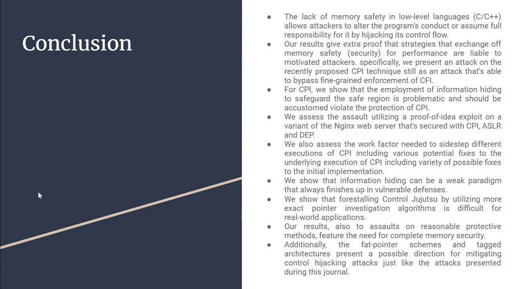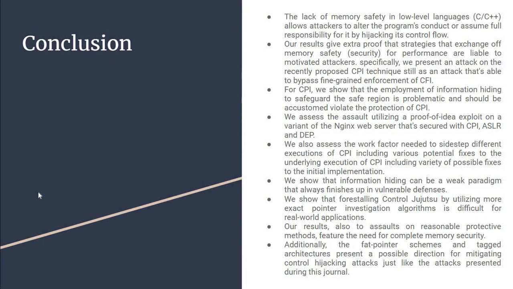Specifically, we present an attack on the recently proposed CPI technique that is able to bypass fine-grained enforcement of CPI. For CPI, we show that the use of information hiding to safeguard the safe region is problematic.